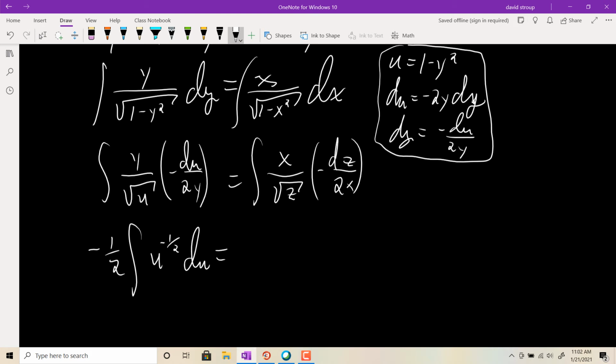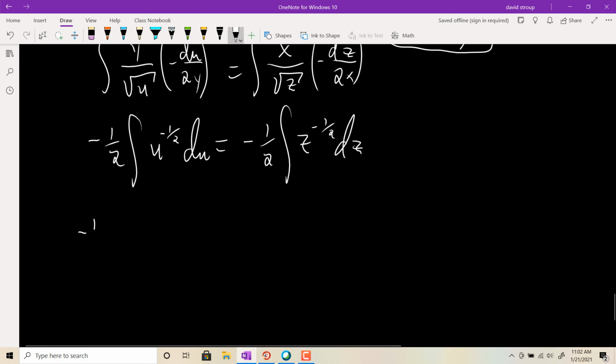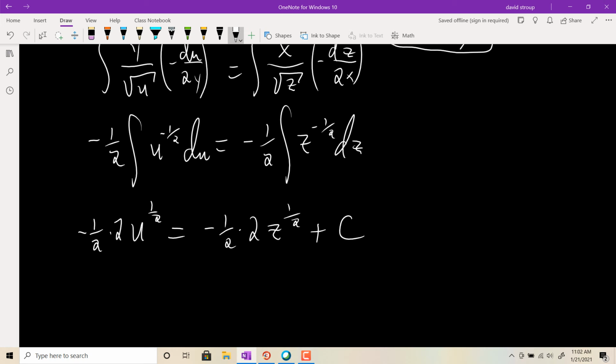On the right-hand side, the same sort of thing. And then negative 1/2 u now to the positive 1/2 divided by 1/2 is 2. On the right-hand side, sort of the same thing. Plus c. And back subbing and simplifying, I get negative square root u is 1 minus y squared equals negative square root of z is 1 minus x squared plus c.